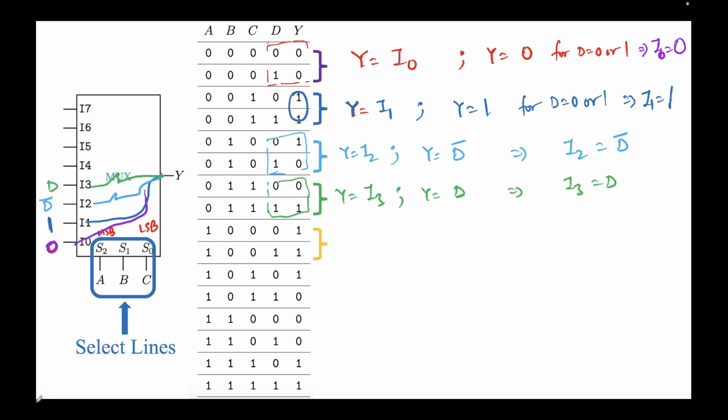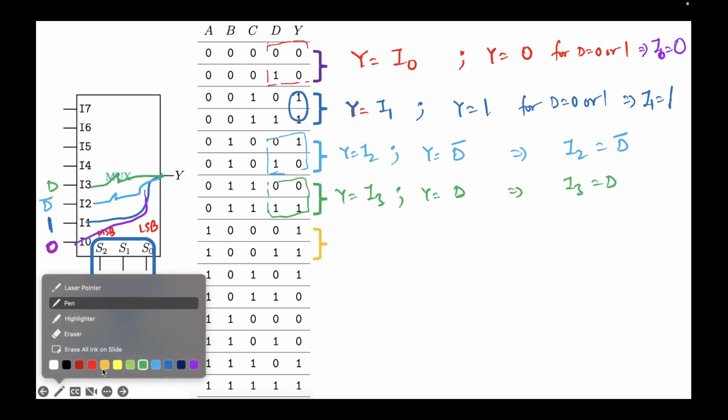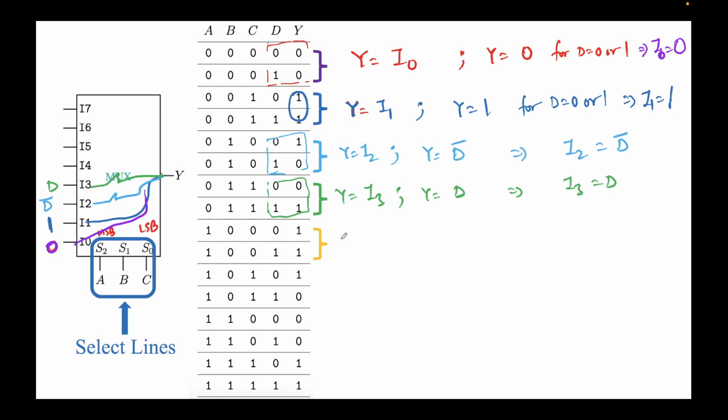Okay, going to the next row in orange. In orange we can see Y is equal to I4, and we now look at these two columns, right? When Y equal to 1, whatever the value of D, Y sticks to 1.